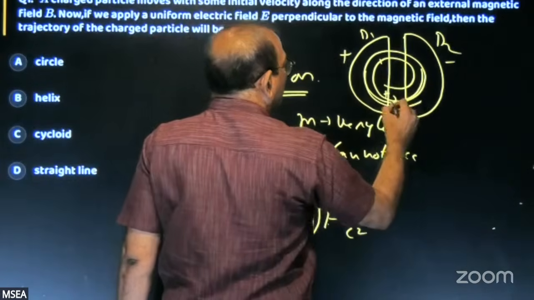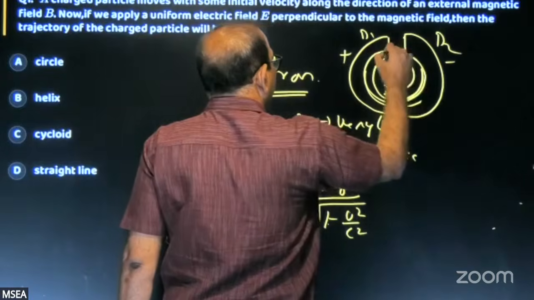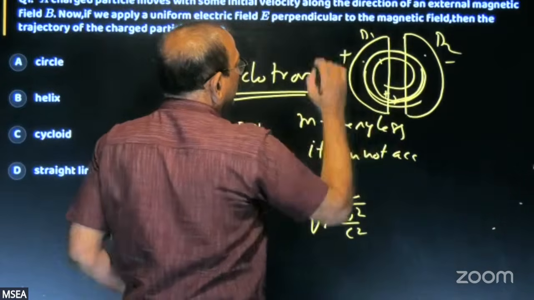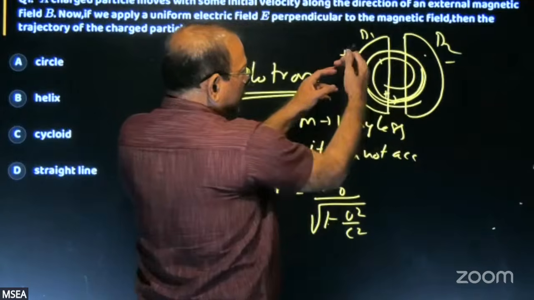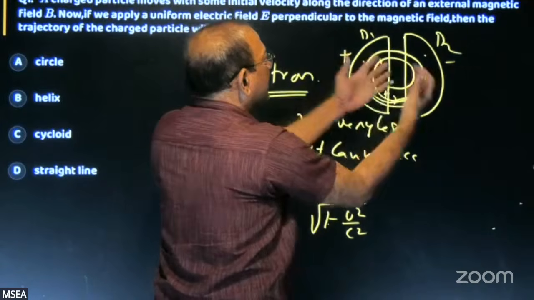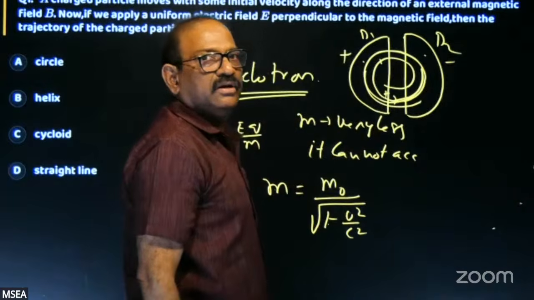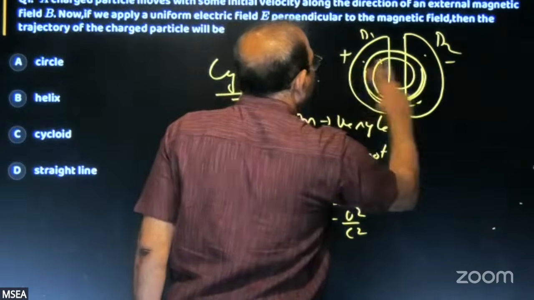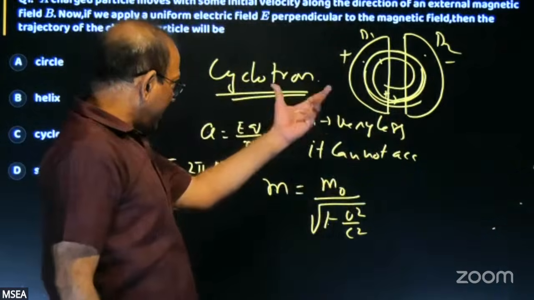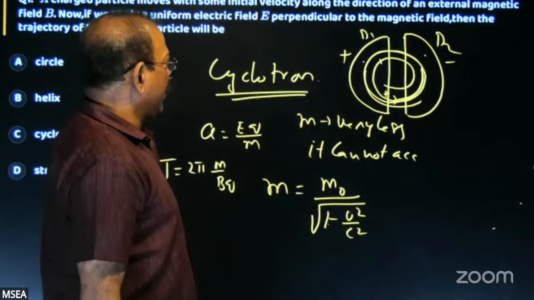If it is not done, what will happen? After half rotation, when the charge is moving from D2 to D1, if this is still positive, it will repel the positively charged particle coming like this and retard it instead of accelerating. That's why they should interchange. That electric field should flip at regular time intervals.